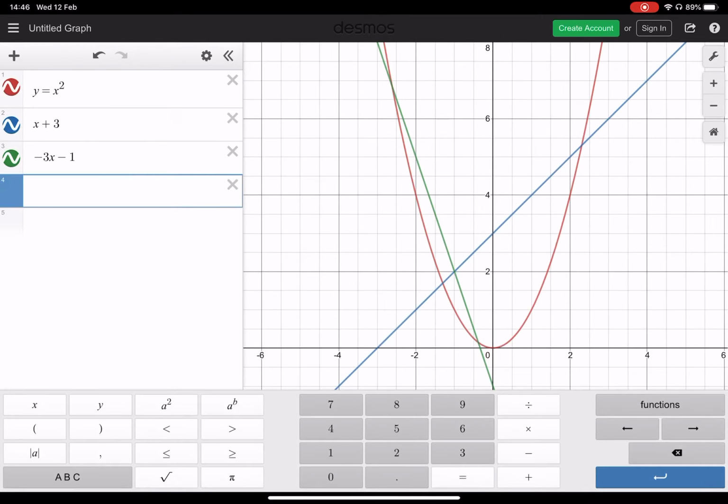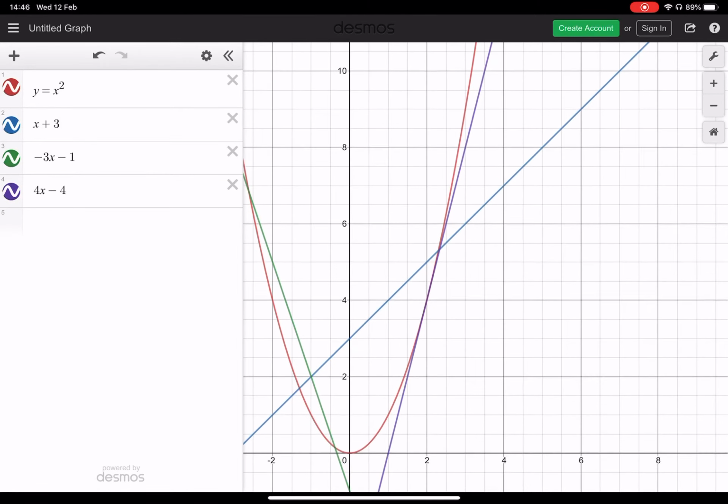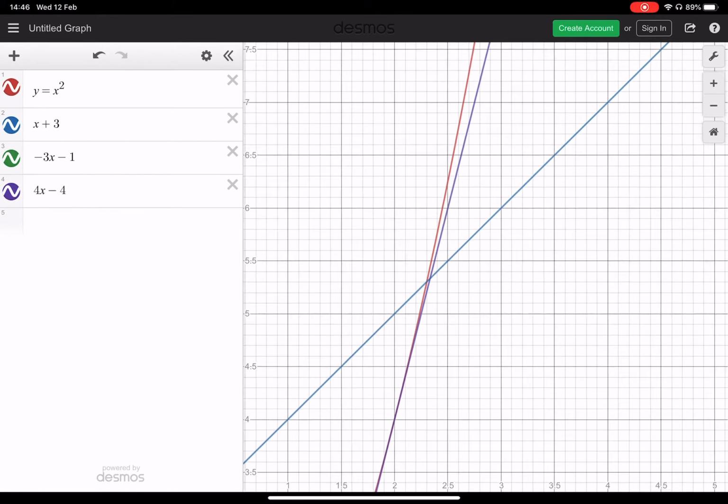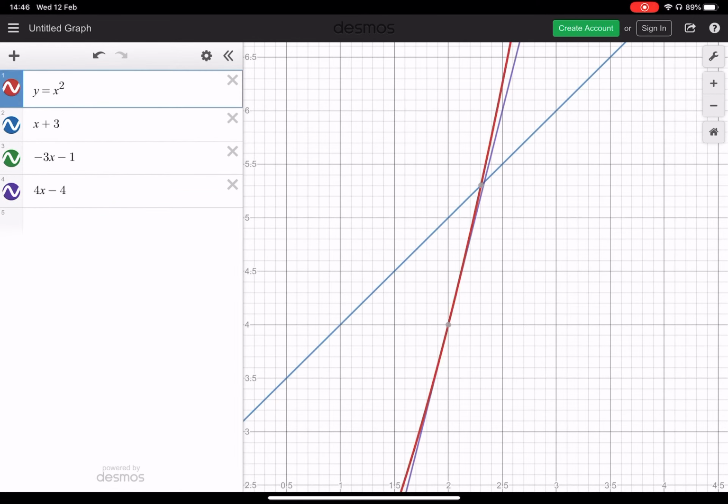And finally, what we had, 4x minus 4. Oh, okay. So my graph was a bit off, but I can see here that there's only one solution because the graphs only meet at that one point right there.